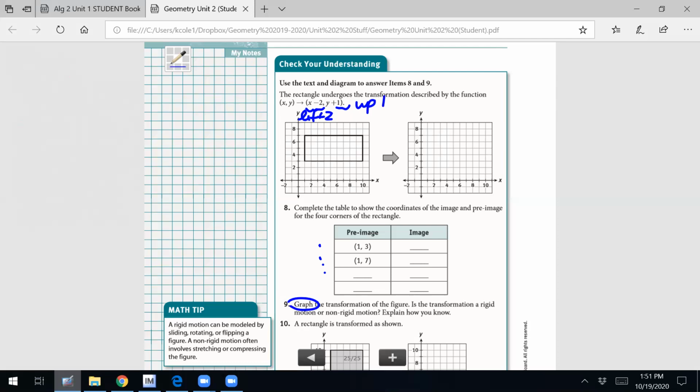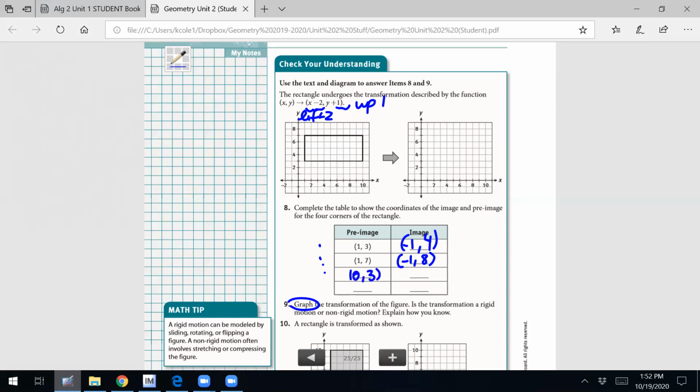Okay. What went with 1, 3? Because you're going left 2, up 1. So you subtract 2, and then you go up 1. So this one's going to be negative 1, 8. What was this? Is it 10, 3? Sorry.